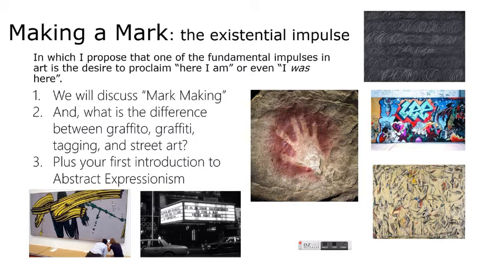Or maybe if you're thinking forward, that I was here, that you're saying it to the future. Going as far back as Chauvet Cave, people were making a statement of, we were here. But this is not that different from what we see in contemporary graffiti or in lots of art.